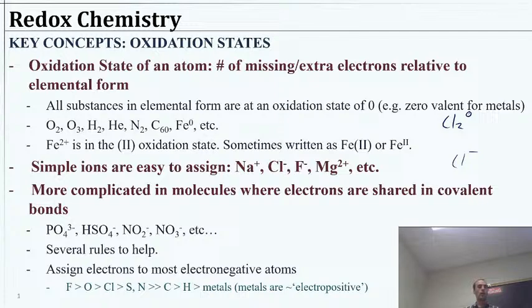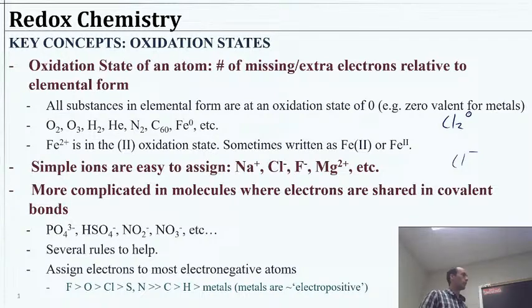And so if we have some molecule that did have a fluorine in it, we would go ahead and say fluorine's going to be happy first and give it as many electrons as it needs. Then oxygen, then chlorine, then sulfur, and later we can say nitrogen would be given the electrons before carbon, carbon before hydrogen, and then we would treat all the metals as electropositive.